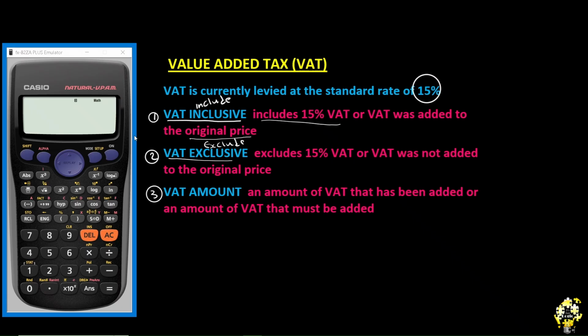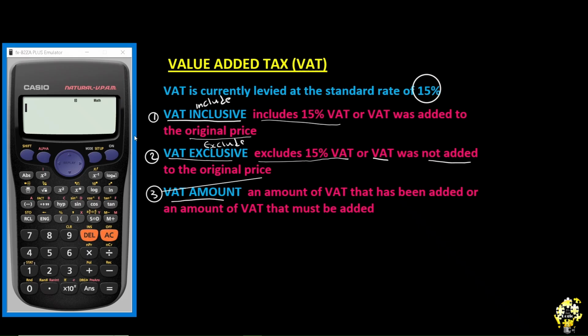So when we say VAT exclusive, we are talking about an amount which excludes the 15% VAT, or an amount where VAT was not added to the original price. So the original price does not have VAT.